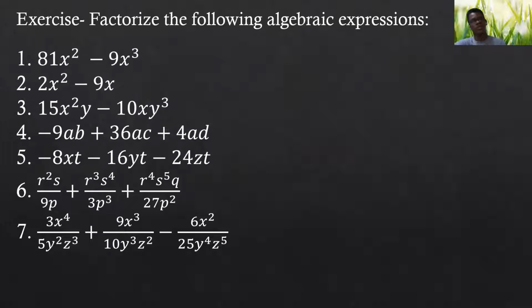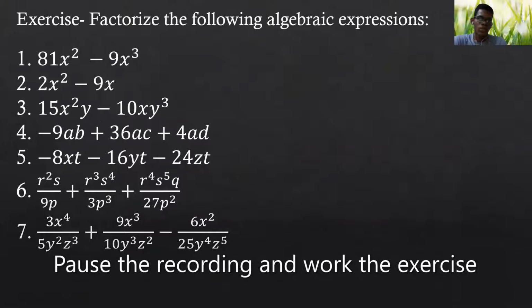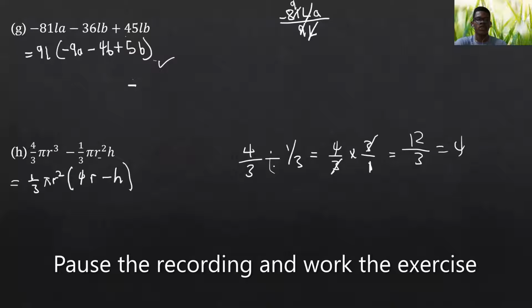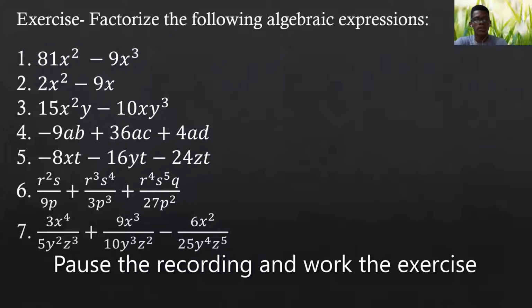Now, here's where we left off. I said last class we would do an exercise where you try the factorization, because I did multiple examples already. So you are going to do these 7 questions. Numbers 6 and 7 look tricky, but I did teach you a strategy to use with the fractions. Let's see if you remember. I'm going to give you about 15 minutes.